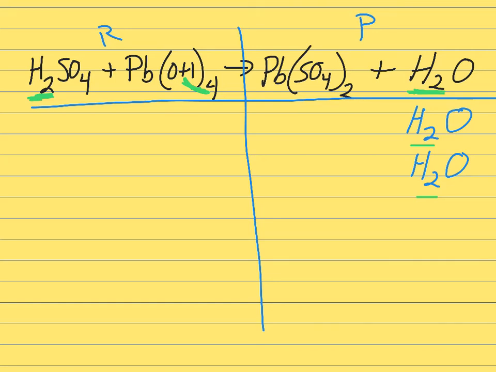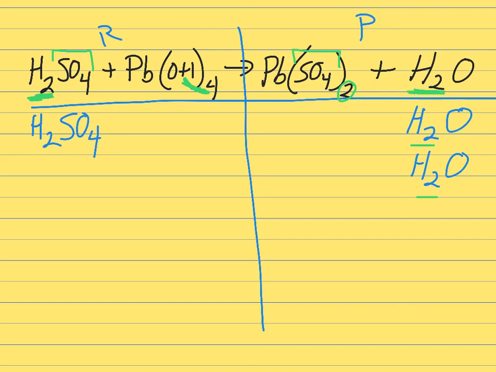How about this SO4? It's a polyatomic ion that I'm going to try and treat all as one thing. That's SO4, and over here I have SO4, but I have 2 of them. So I need more SO4 in my reactants. I need more SO4, but I can't just add SO4. I actually have to add H2SO4 altogether.